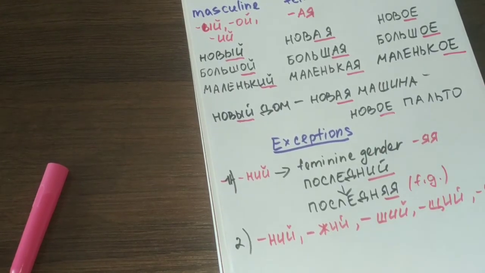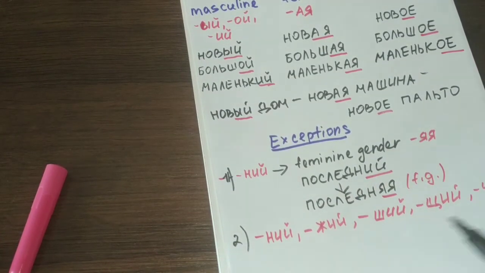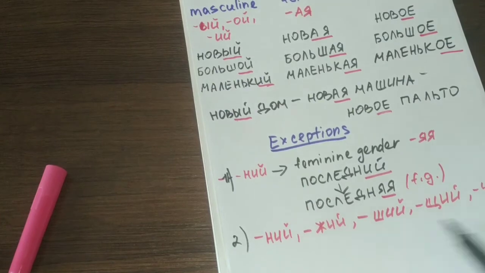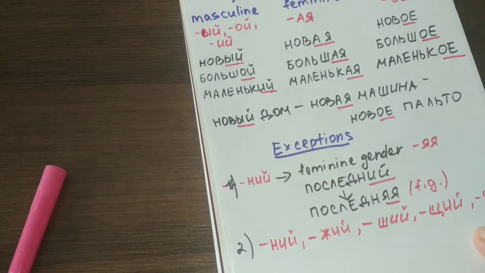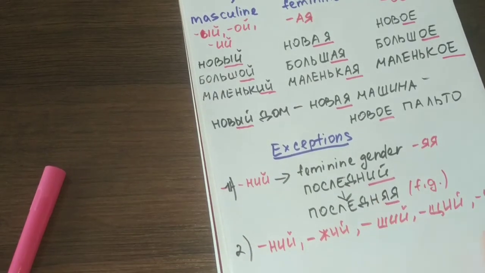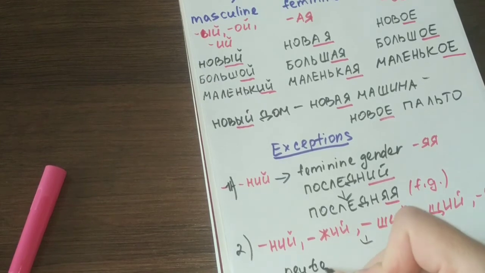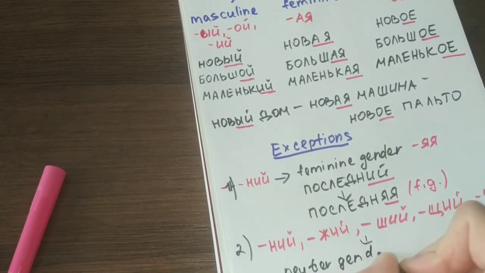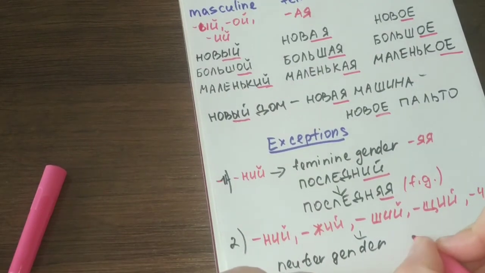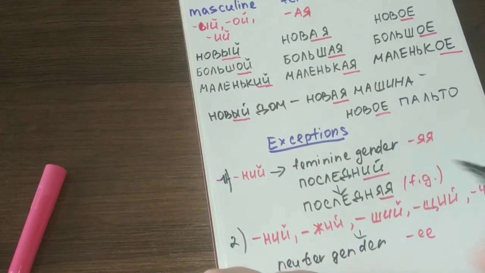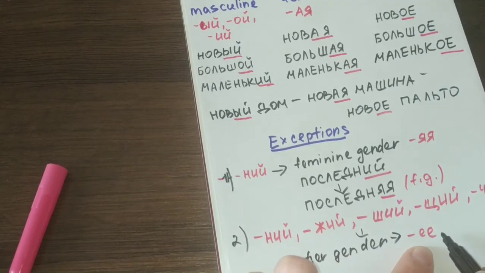So when you see a masculine adjective in these consonant combinations, letter combinations, the neuter gender adjective will be ending in ye. So the neuter gender adjective will be ending in ye.